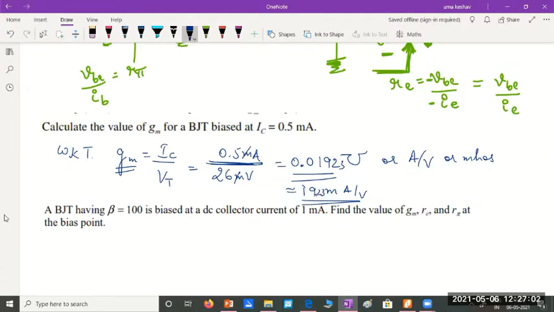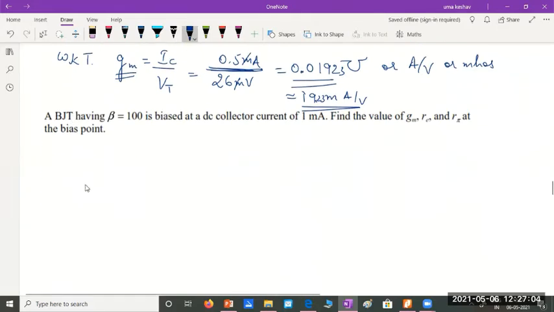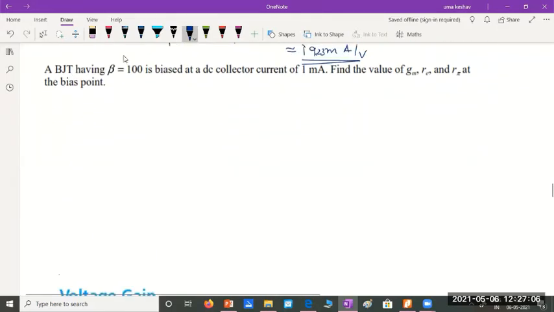Okay. Similarly, let's solve the next problem. See, a BJT having beta as 100 is biased at the collector current of 1 milliampere. So here also collector current is 1 milliampere, beta is 100.